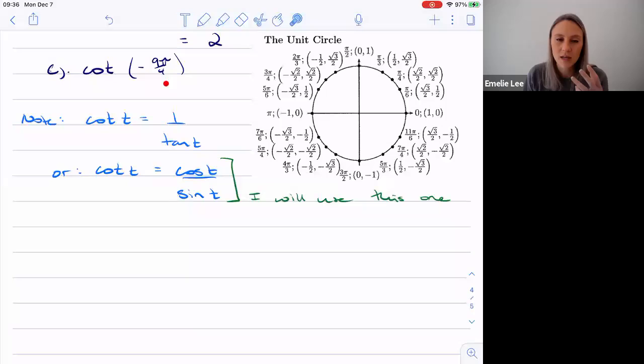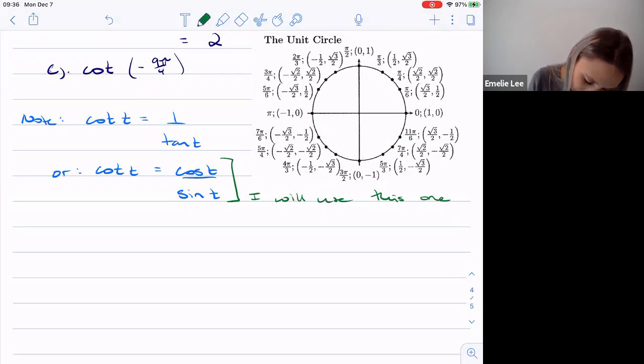So here, negative 9 pi over 4, let's think about, okay, well, 2 pi, that's a full revolution, right? So I'm going to peel away multiples of 2 pi. And so 8 pi over 4 would be a full revolution. Yes, I'm moving clockwise, but it doesn't actually matter. So now I've gone negative 8 pi over 4. Now I just need to move another negative pi over 4 to get to negative 9 pi over 4.